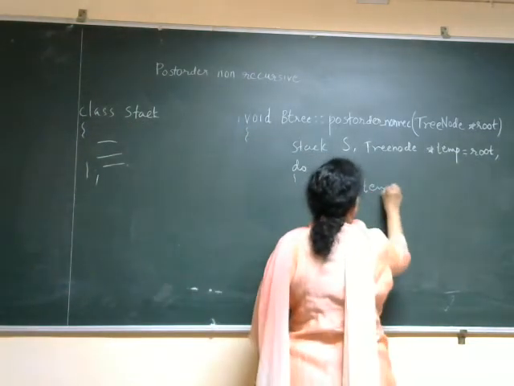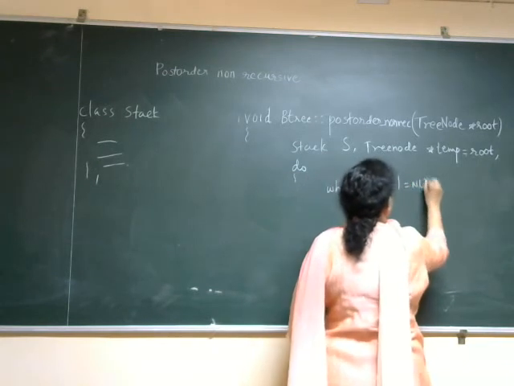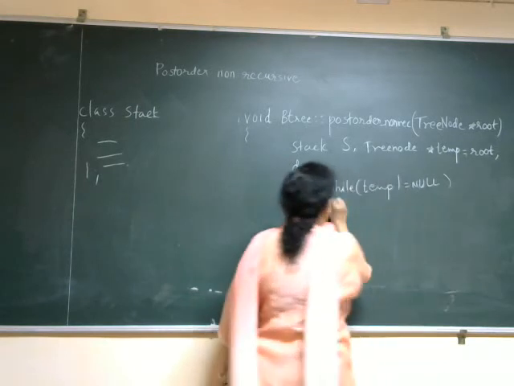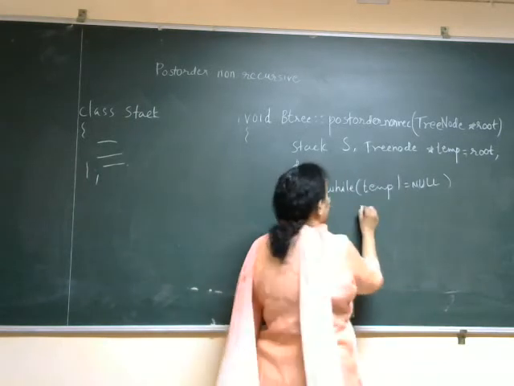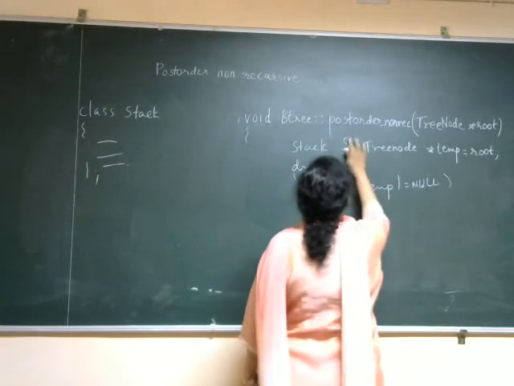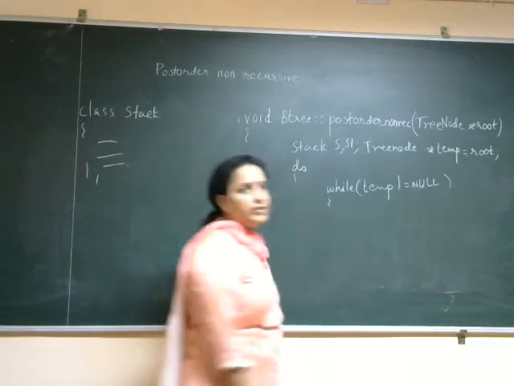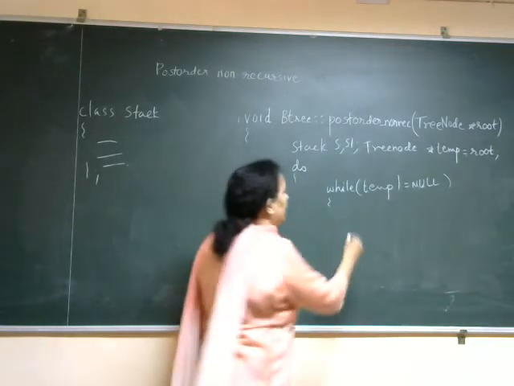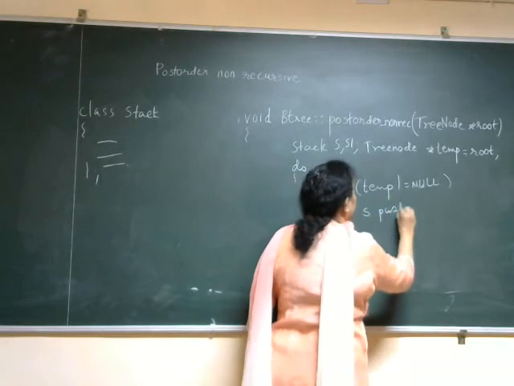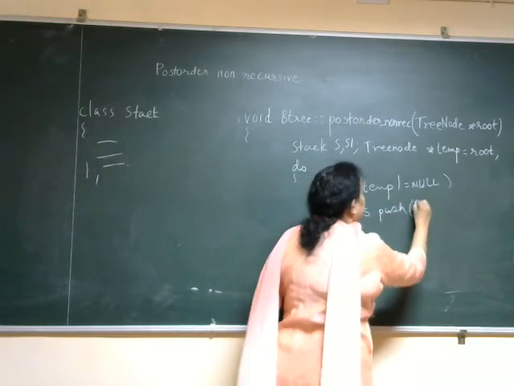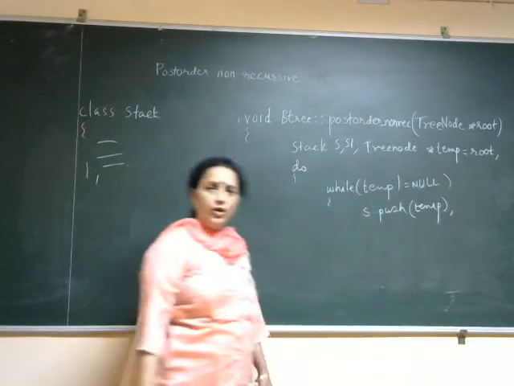So while temp not equals to null, I should push first value. So there will be two stacks. One stack is for node, another stack is for return address. So I am taking them as node stack NS and return address stack RS. So I'll take NS dot push. What I am pushing? Temp. So in one stack I am pushing a node.